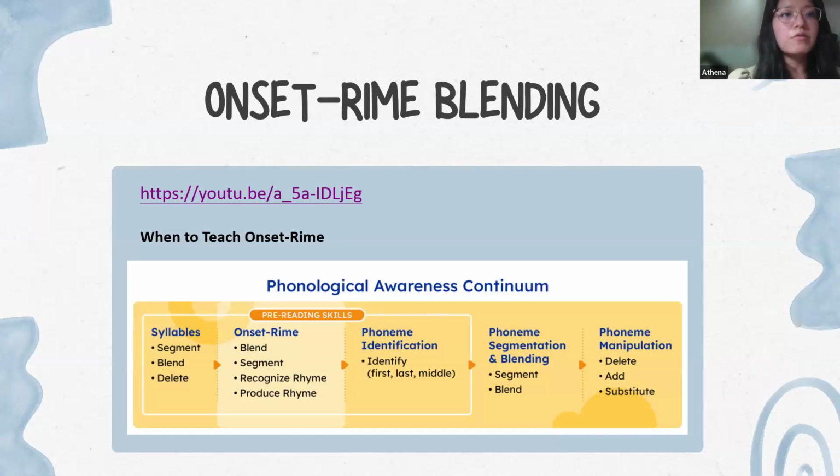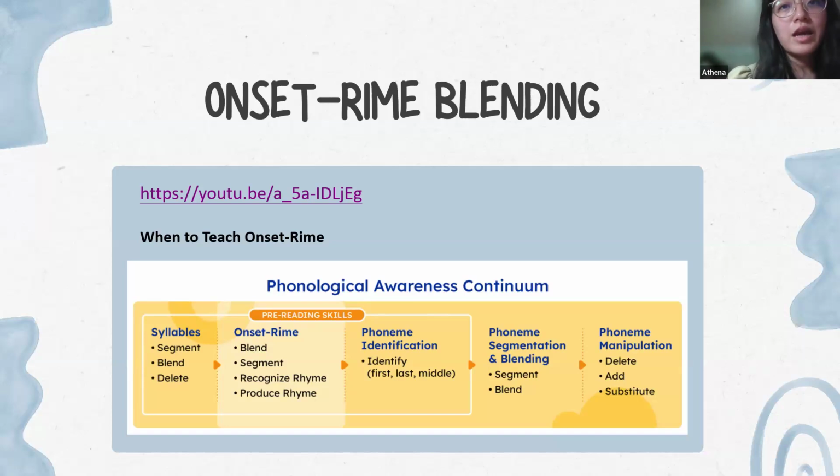So this is the second part of learning phonological awareness. And then they have to know the phonemes within the onset and rhyme. They have to identify first, last, and middle sounds. There are different sounds within a word. Then they have to know the phonemes, and how to segment and blend. And the last step is manipulation.